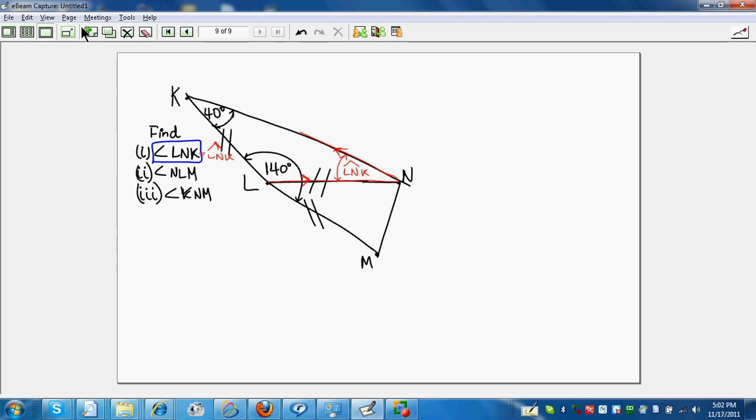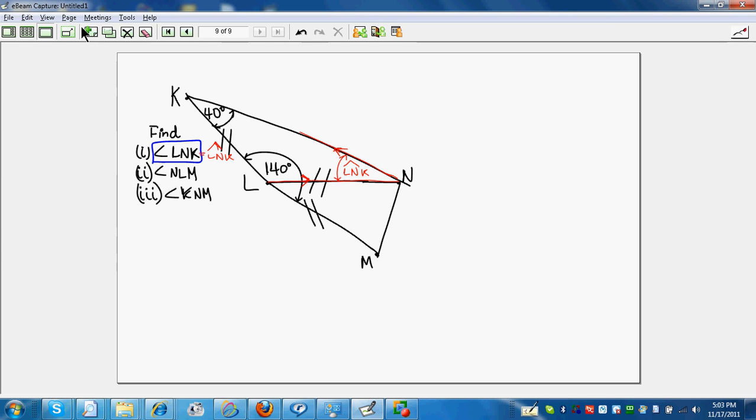Very good. We could find it by observing that the triangle KLN is an isosceles triangle because there are two sides that are equal in that triangle. In triangle KLN, the side KL is equal to the side LN.